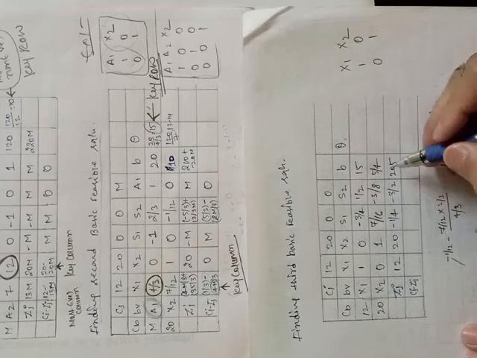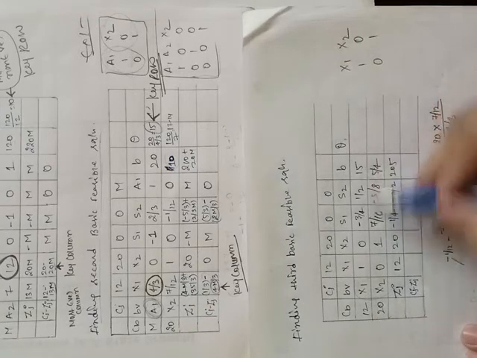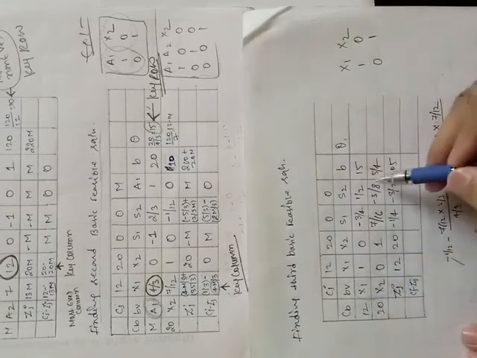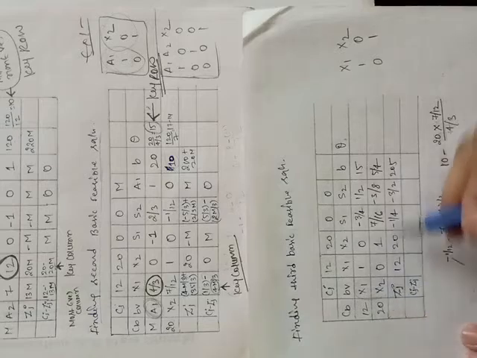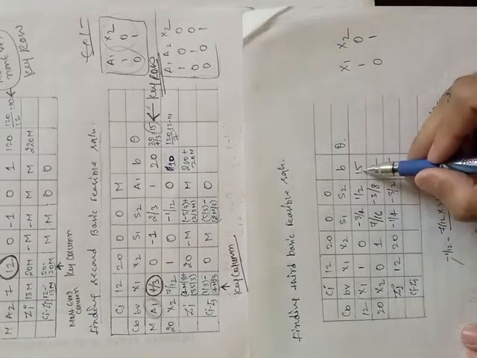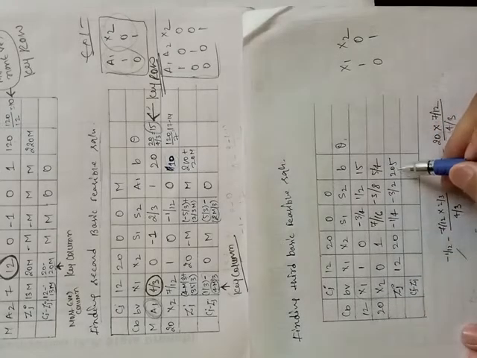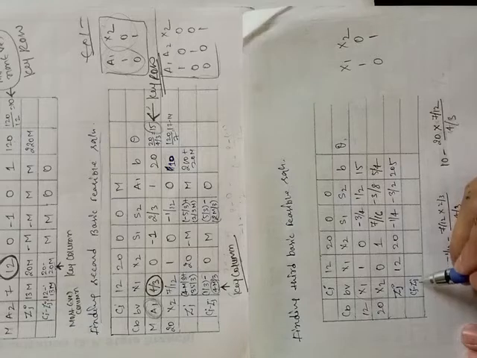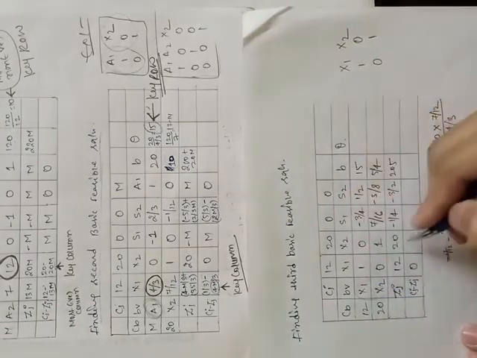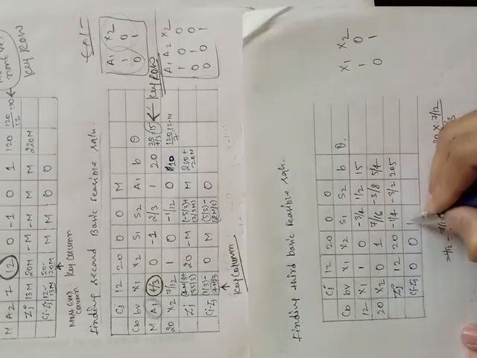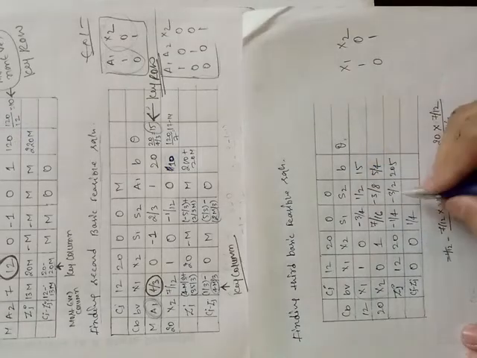So the Zj formula, as you know, is corresponding column into CB plus corresponding column into CB of second value. Here 15 into 12 plus 5 by 4 into 20, that is 205. After that we need to find the Cj minus Zj. Cj value is 12 minus 12, that is 0, 0, 1 by 4, and this is 3 by 2.